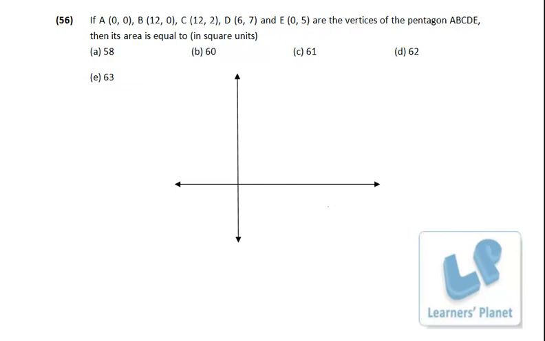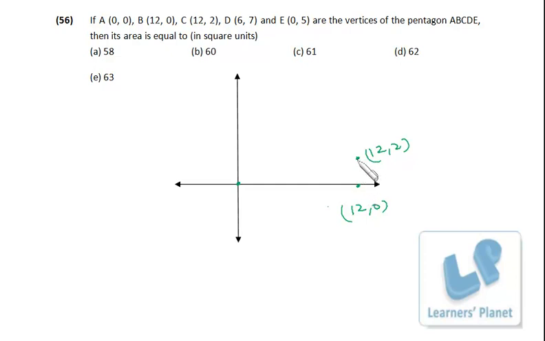Okay, the first point is 0 0, so this is 0 0. Then we have 12 0, so somewhere here 12 0. Then we have 12 2, so immediately just above this will be a straight line, 12 2, right? This is perpendicular to this because the x coordinate is constant. So this is 12 2.